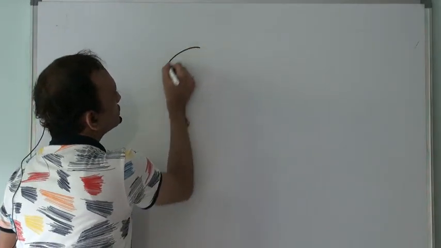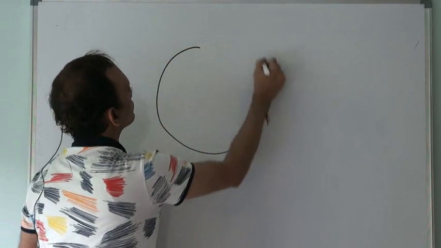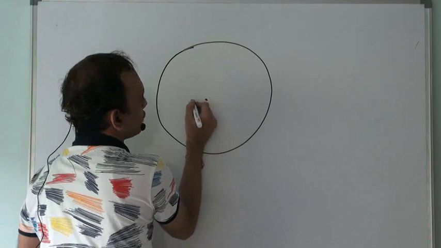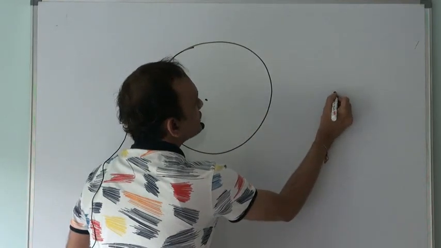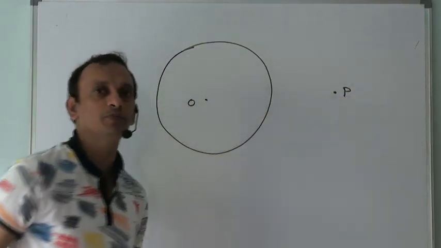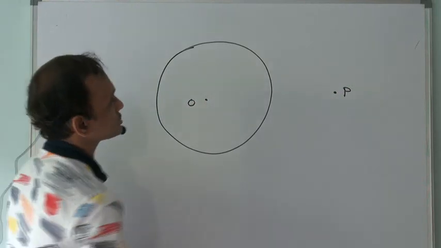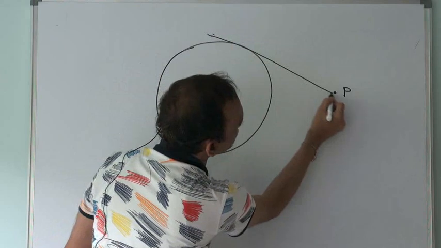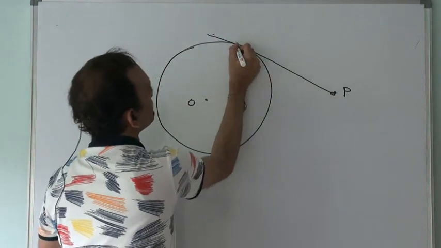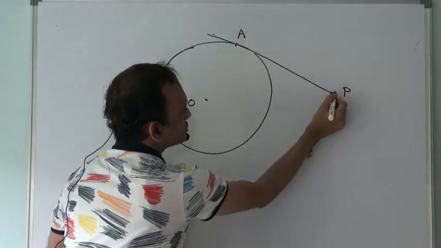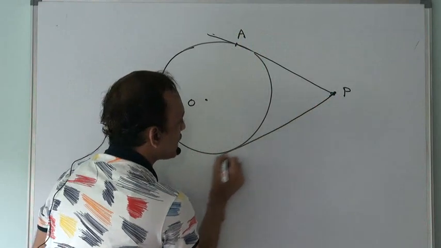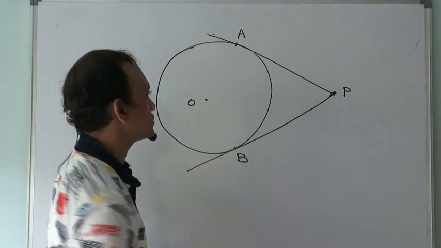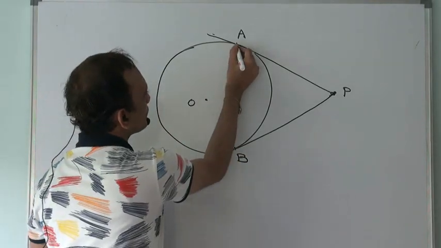If this is a circle, this is the center O of the circle, and this is an external point P from where we are drawing tangents. So from this point P, two tangents could be drawn to the circle. Let me call one of the tangents PA, and another tangent PB. Two tangents drawn from P to the circle, PA, PB.